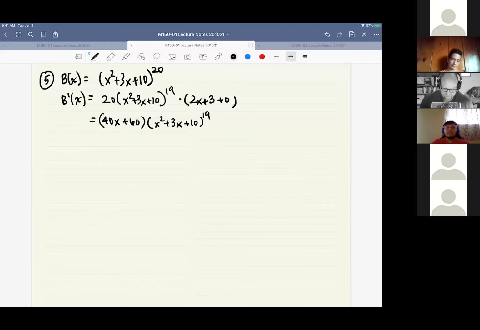Okay, so why don't we all try this. Why don't you try to differentiate this? 10x minus 2x cubed to the 4th power. Take a minute to see what you get.